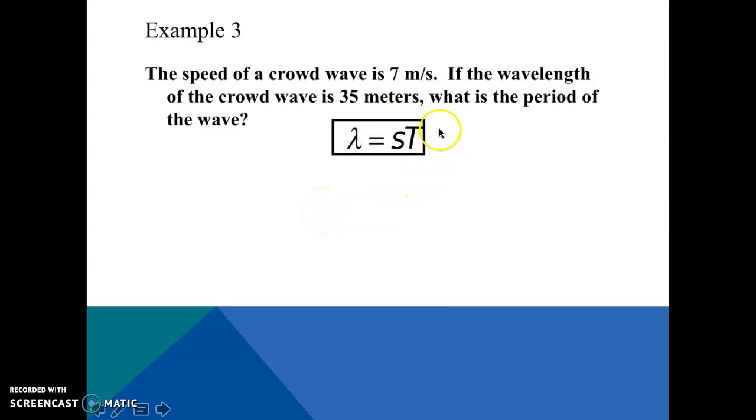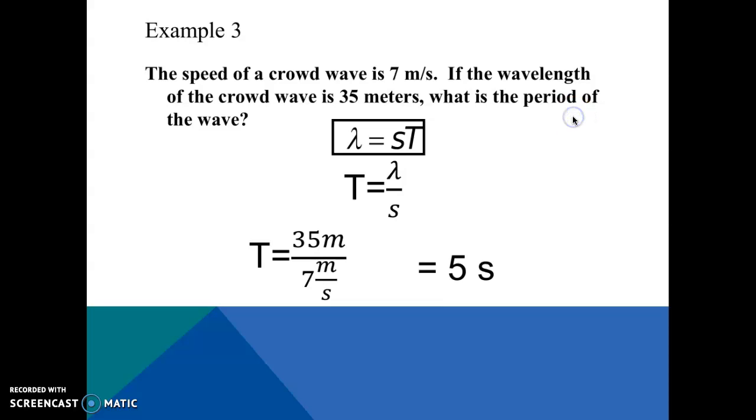So I want to get T, capital T, by itself to get period by itself. So using my algebra, T equals lambda over s. Plug in my numbers, 35 meters divided by 7 meters per second. Well, 35 divided by 7 is 5, and we're looking at our period, our T, which is then 5 seconds.